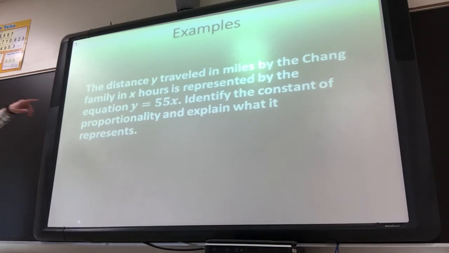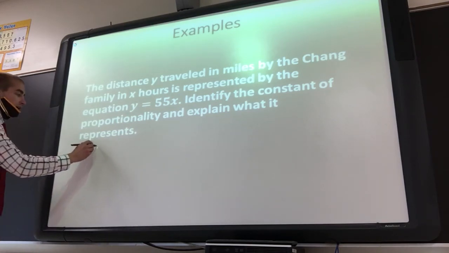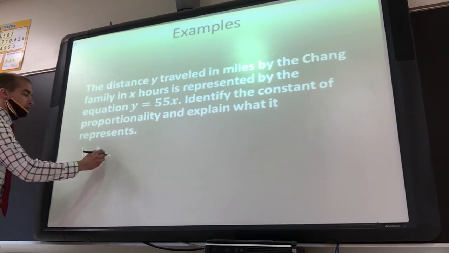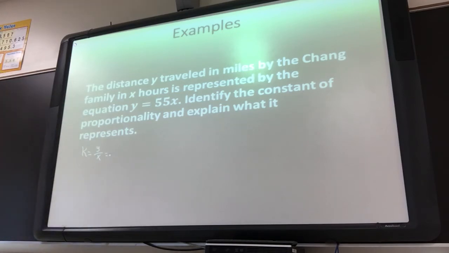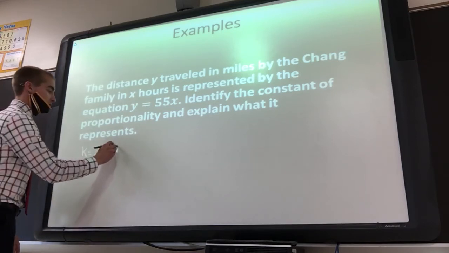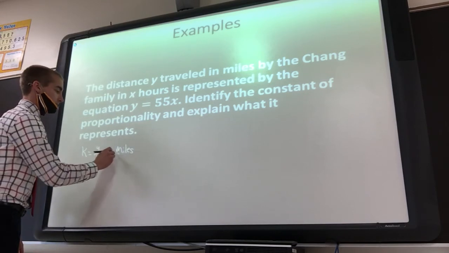So they've got the distance. So one thing you might want to do when they give you this information, go ahead and say, okay, k equals y over x. And what is y that they tell you? Distance in miles. So let's say miles, and what is x? Hours.